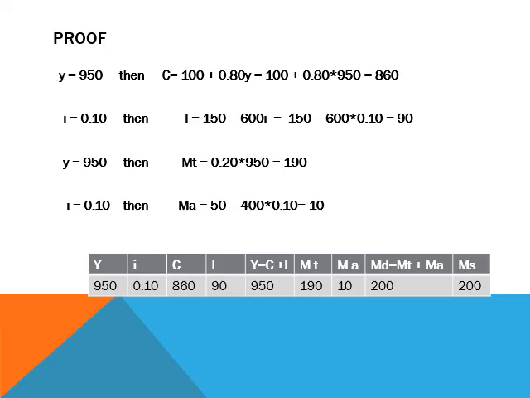MD equals MT plus MA. 190 plus 10 equals 200. So check the table below.